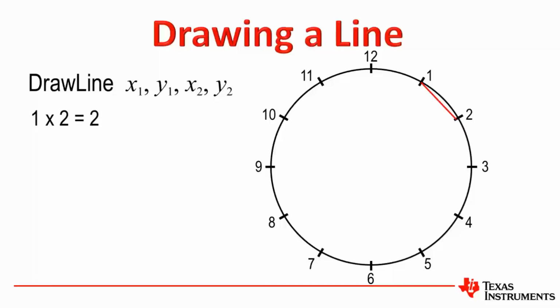If anyone's seen Burkhard Polster's YouTube video, that's where I got the idea from, and I thought, we can do this with the Nspire. This is so cool. So 1 times 2 is 2, nothing exciting yet. We've mapped 1 to 2. 2 times 2 is 4. We're doing a lesson in our 2 times table so far. 3 times 2, so 3 maps to 6.